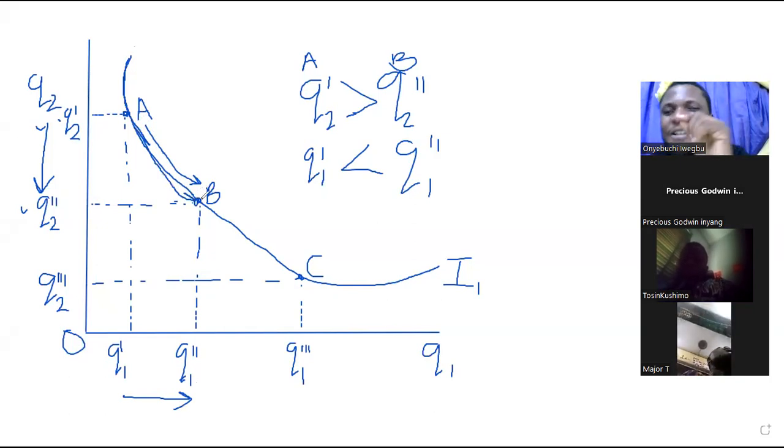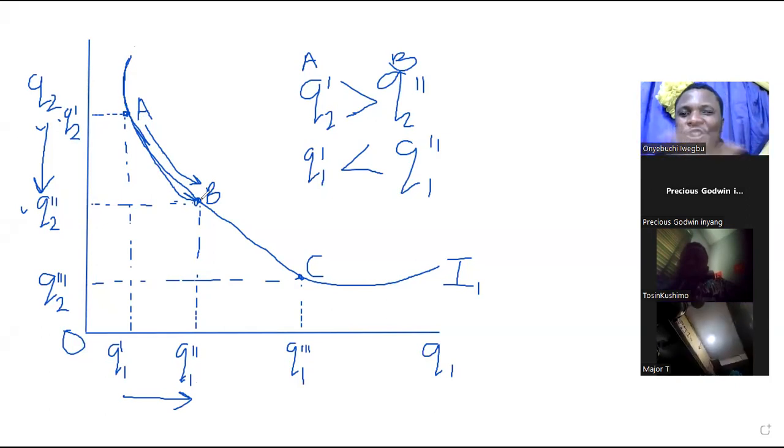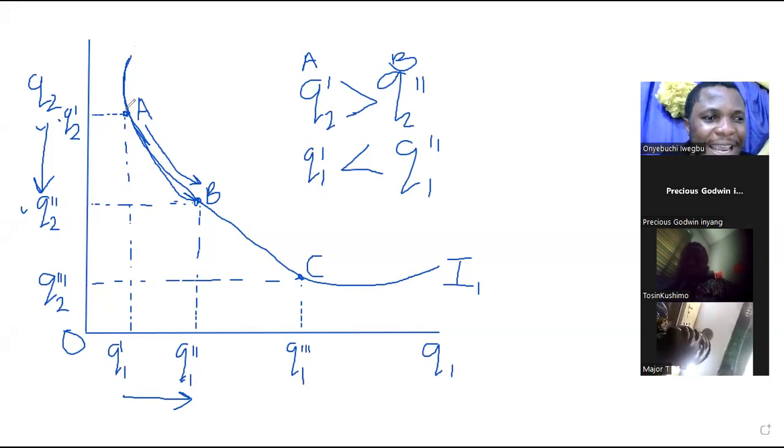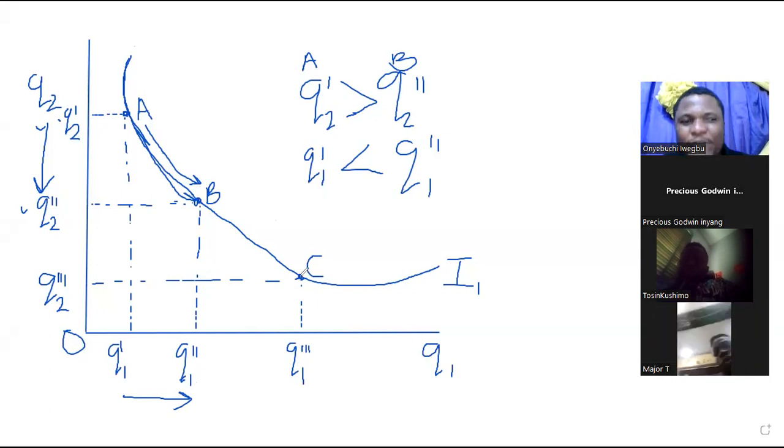So that is my indifference curve. It is that curve that shows different combinations of goods that I can consume such that my level of satisfaction does not change. Whether I am at point A, point B, or point C, my level of satisfaction remains the same.